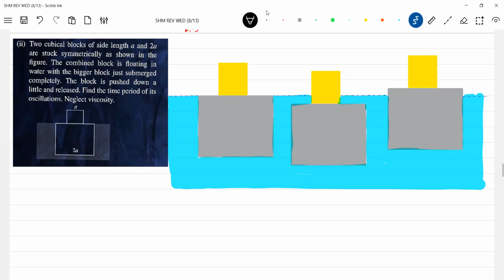Initially, there's an equilibrium. M1G, let me think like this. They're both combined.